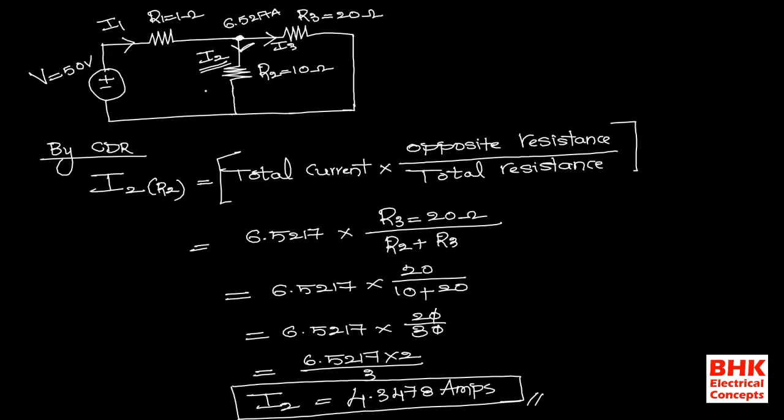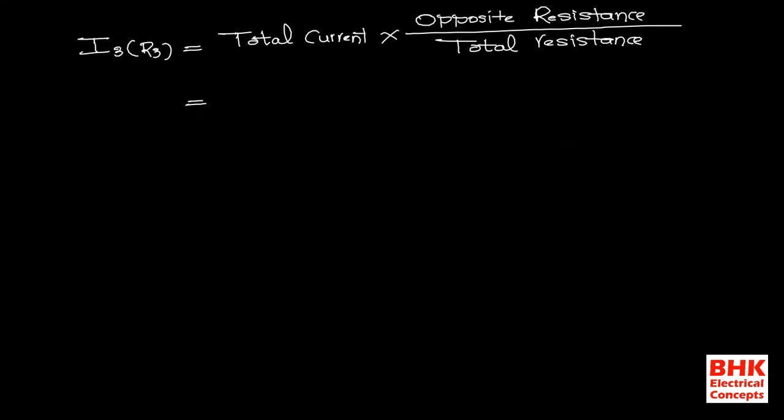Now we know that the current available at this particular junction point is 6.5217 only. So from this total current only, the I3 value, the current flowing through R3, is dividing. So instead of this total current, we again need to substitute 6.5217, that is the total current available at the junction point.